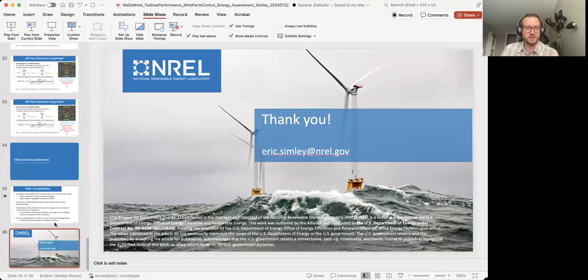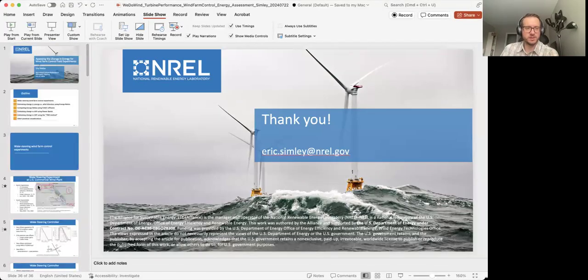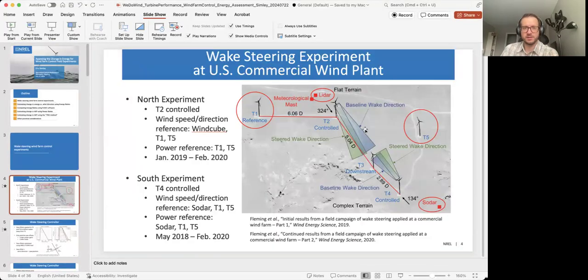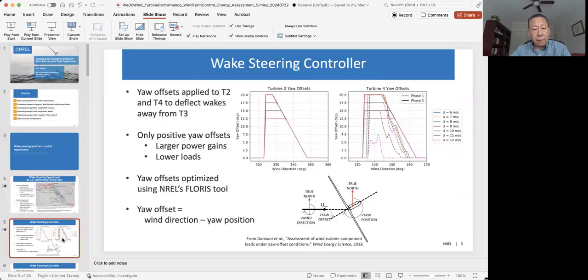Yeah, for some of them, well, I guess just one of the experiments we have data available. So I showed these different experiments. These papers in Wind Energy Science describe this campaign, but those data are not publicly available. Proprietary issues.